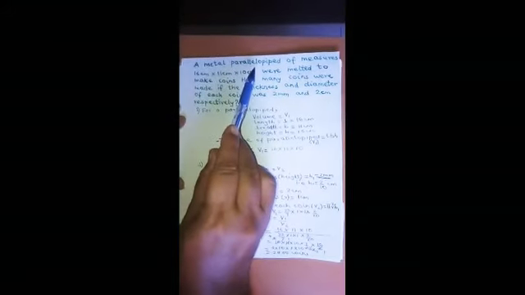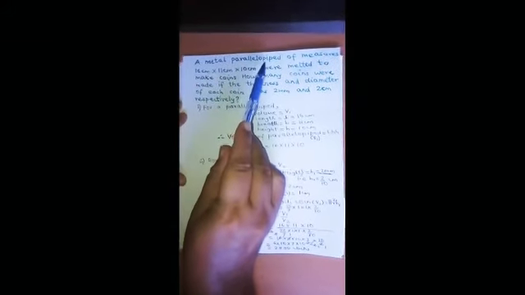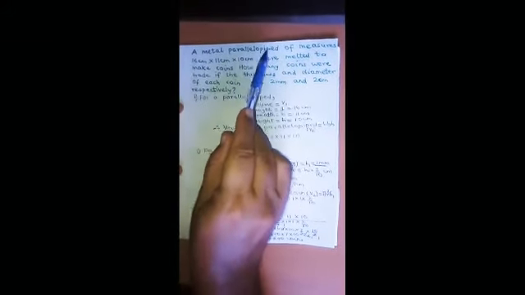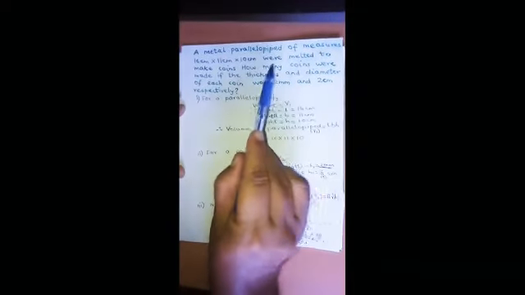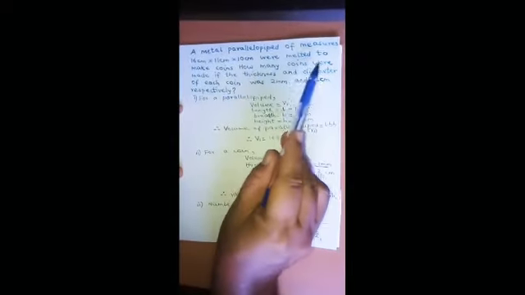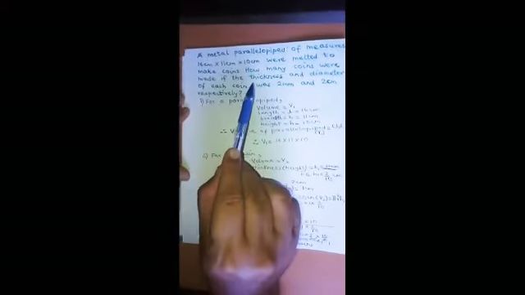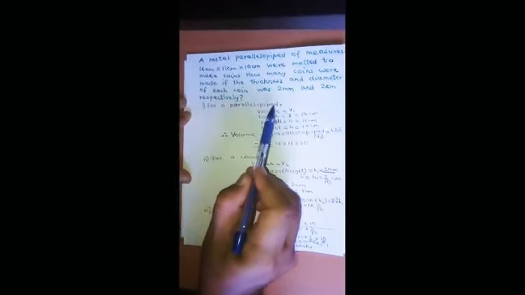They have given that there is a metal parallelopiped. Parallelopiped means it's a cuboid only. This is melted and coins are made. So they are asking us how many coins were made. Now we'll start with our usual method. Step 1 we will write for a parallelopiped.